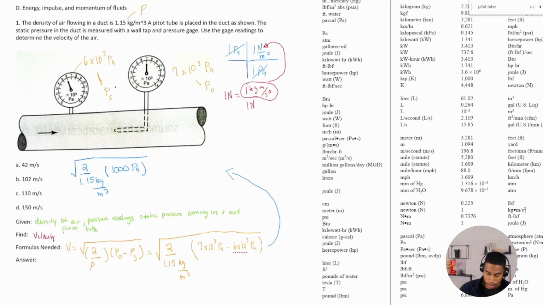1 Pascal. So 1 Pa is equal to 1 kg times m over s squared.